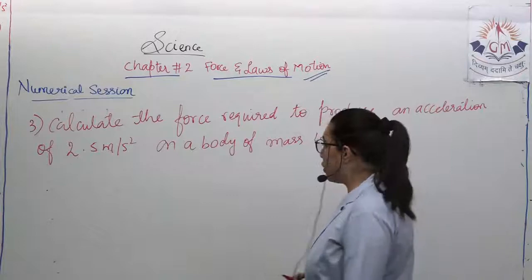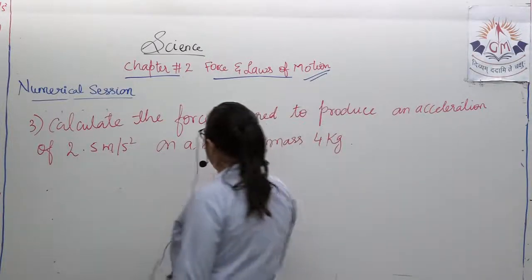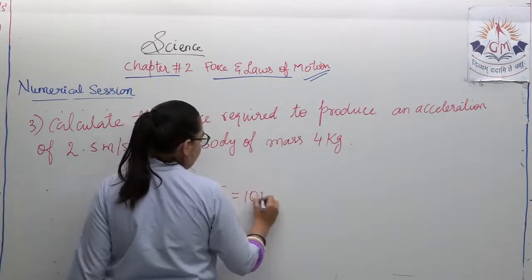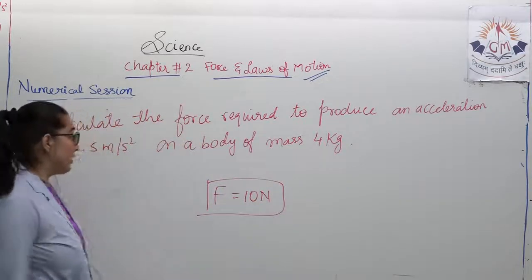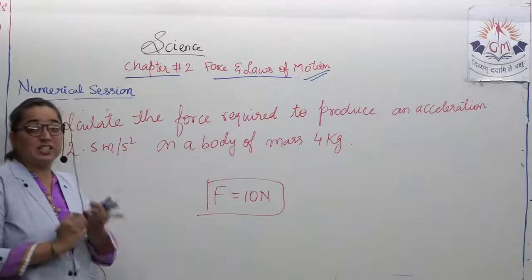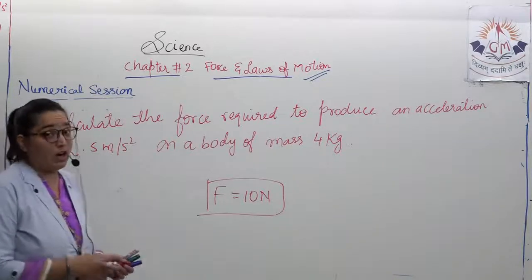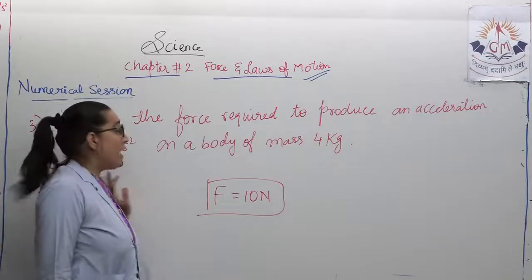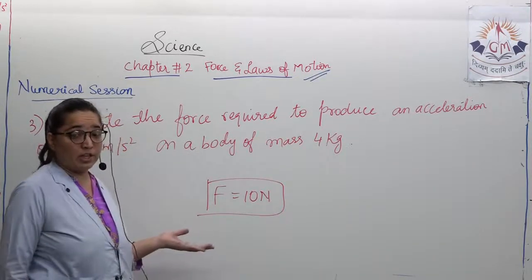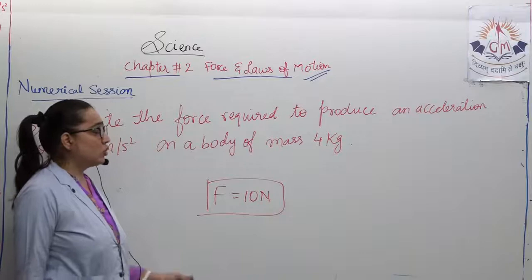I am not going to do it for you. You have to do it. I'll write just the answer, that is force is 10 Newton. Solve it right now. Quick, I'm giving you 2 minutes time. After that, I'll just say how you have to solve it. I'll not solve it for you, because this is very easy and you don't need me to solve it. Quick, in 2 minutes, solve it fast.